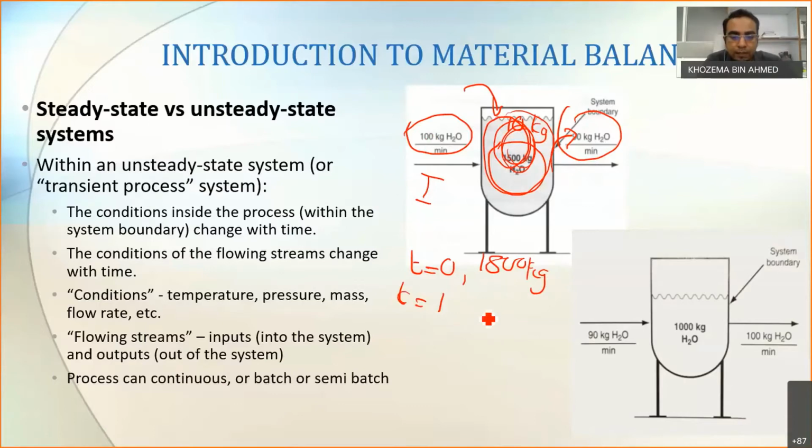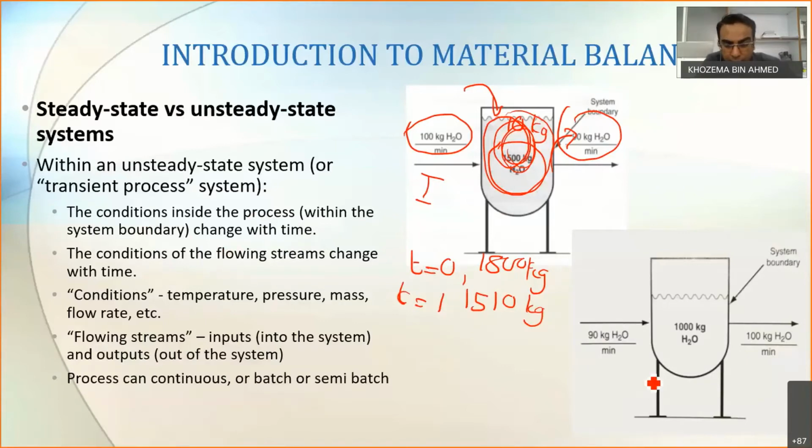So at t equal to 1 minute I have 1510 kg. Meaning the condition inside the process changes with time, right? Because at time 0 it's 1500, at time 1 minute it's 1510. So this is how we define our unsteady state process.